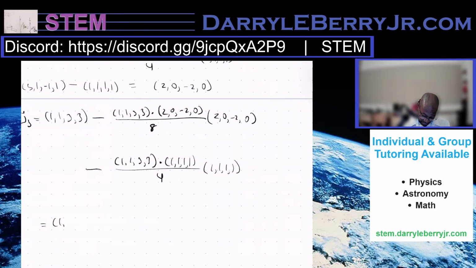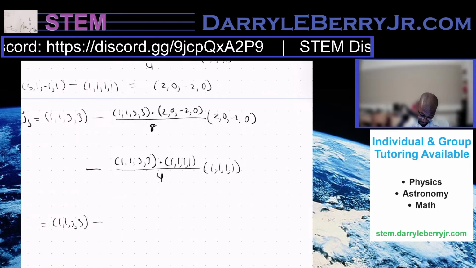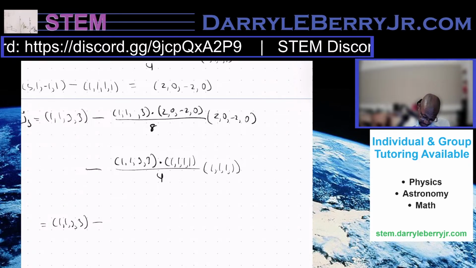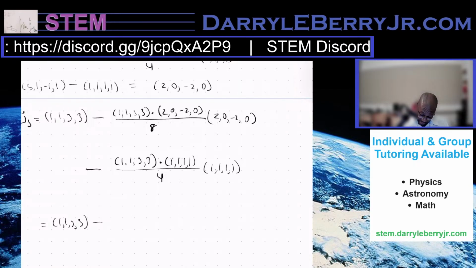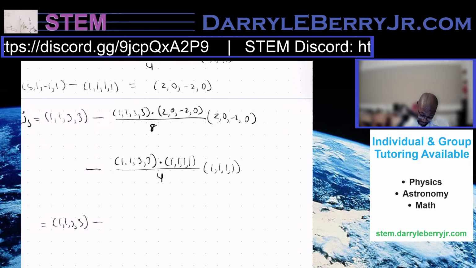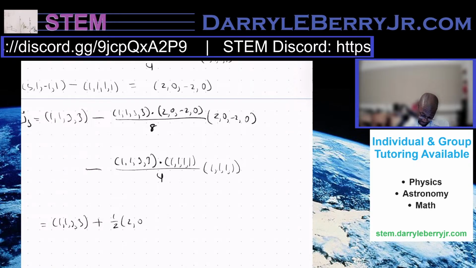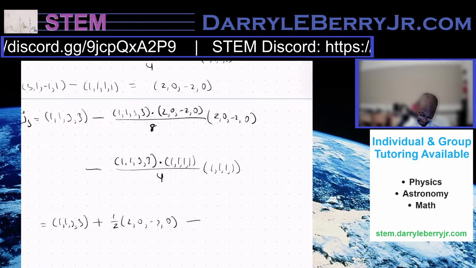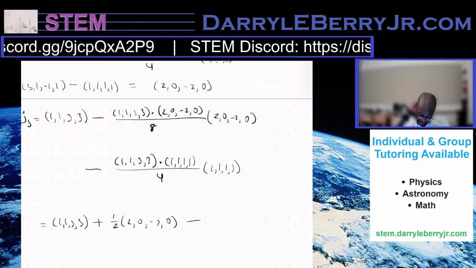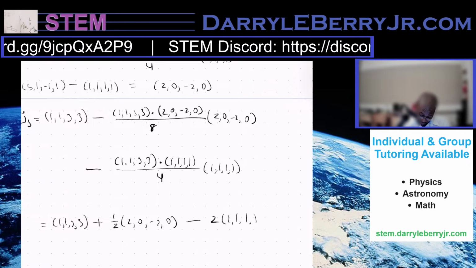So it's going to be 1, 1, 3, 3, minus 2 plus 0, minus 6 plus 0. So that's negative 4. That's plus 1/2, 2, 0, negative 2, 0, minus this 1 plus 1 plus 3 plus 3, 8 over 4, that's 2, 1, 1, 1, 1.